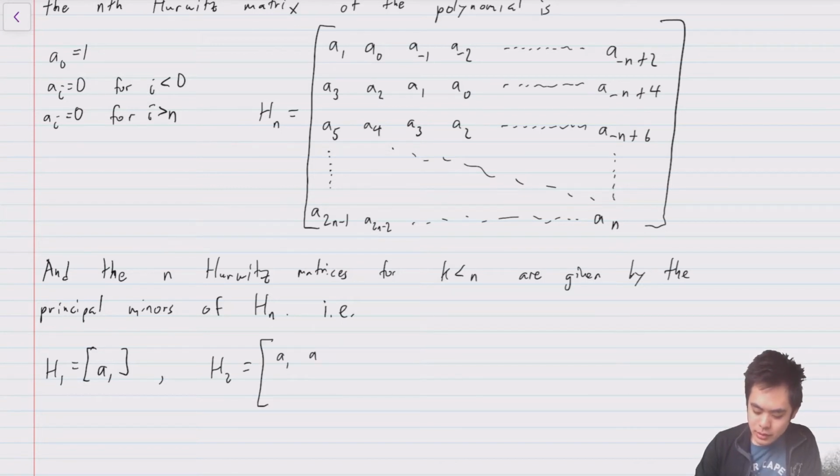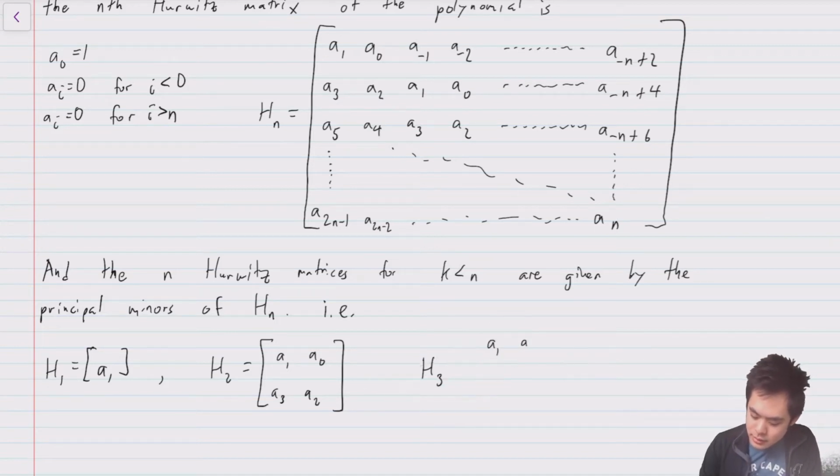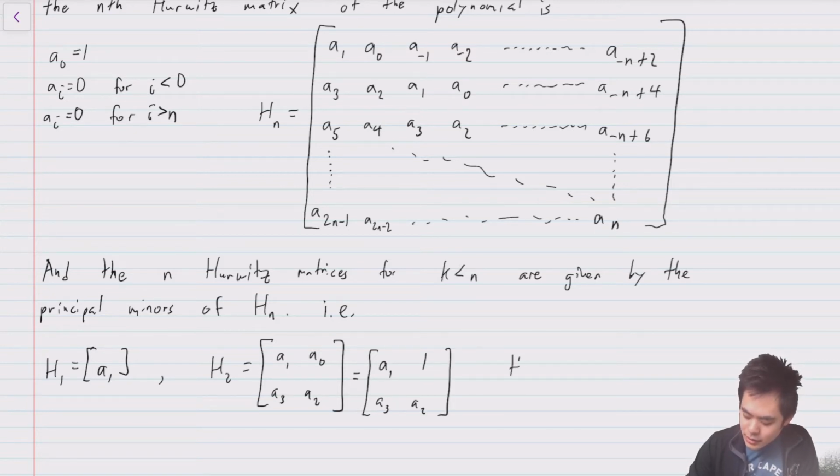So that's a1, a0, a3, a2. H3 is going to be equal to the 3 by 3 matrix. So that's going to be a1, a0. Actually, since this has a0 there, we can go ahead and replace this by a1, 1, a3, a2. And we have H3, which is going to be the third principal minor.